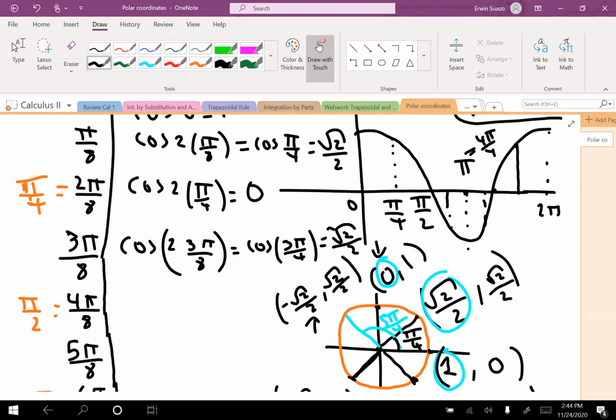Then cosine of 2 times pi halves is cosine of pi. What is cosine of pi? Negative 1. Then we continue. So let me make it here so it doesn't look that messy. Let me cross a line here.